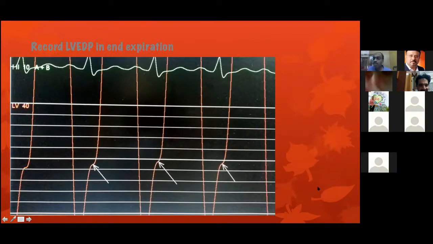Why is peak gradient taken for evaluating intervention in PS, while in other valves it is the mean gradient? The right ventricular pathologies are not in general assessed by simultaneous pressure transducers at all. On the left side, it is customary always to put in two catheters, left atrium and left ventricle and aorta.